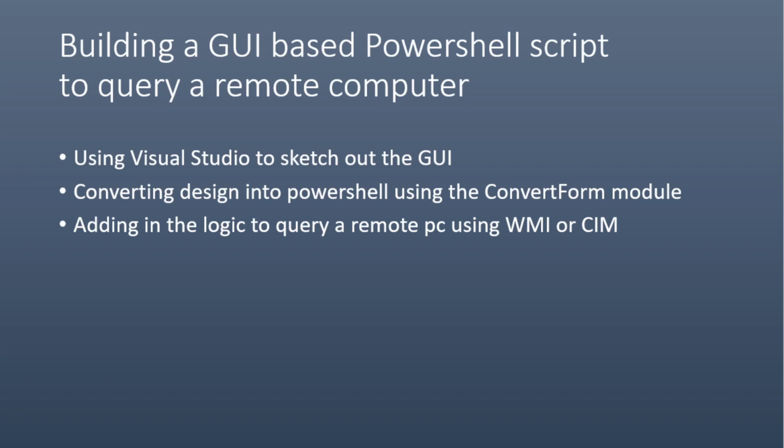So the nifty thing about CIM is it's available if the remote computer has PowerShell remoting enabled on it. So in my particular environment, that's the scenario I'm going with. So let's say PowerShell remoting is enabled on all of these computers. If it's not, you might have to use WMI.